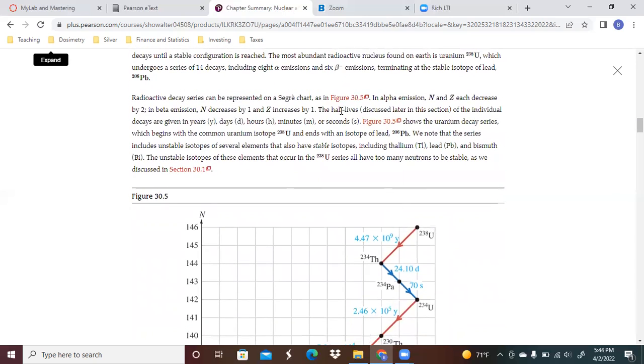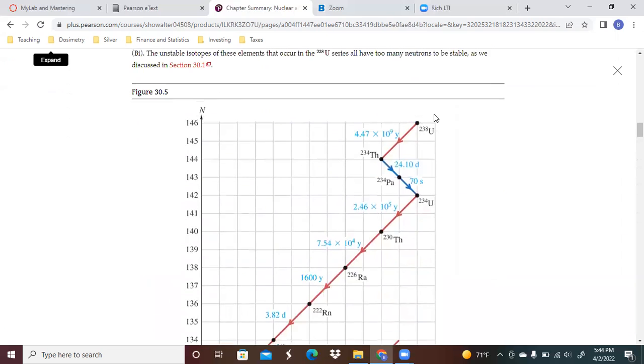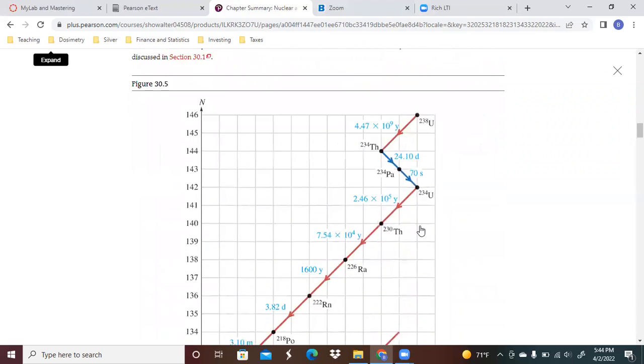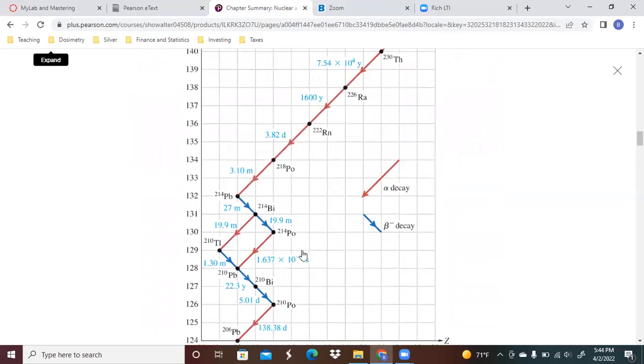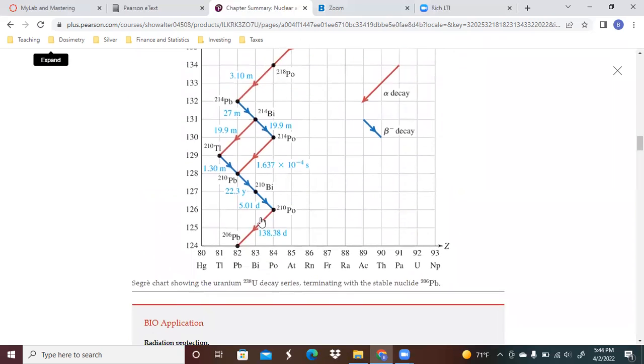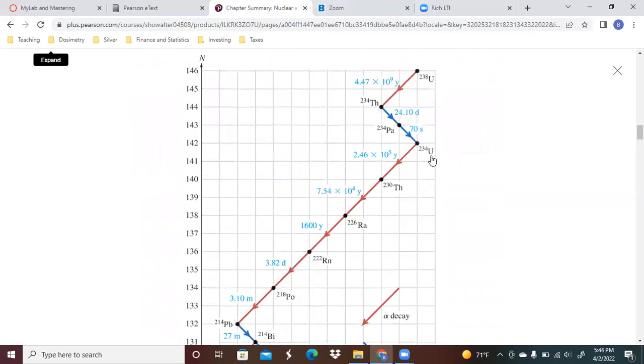You've got another Segre chart here. In alpha emission, N and Z each decrease by 2, and in beta emission, N decreases by 1 and Z increases by 1. The half-lives of the individual decays are given in years, days, hours, as you can see on the chart. So you can see here uranium decay, bouncing through all different kinds of elements over time, eventually terminating here at lead.